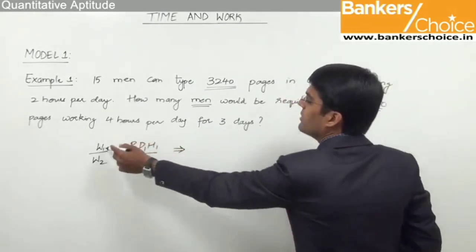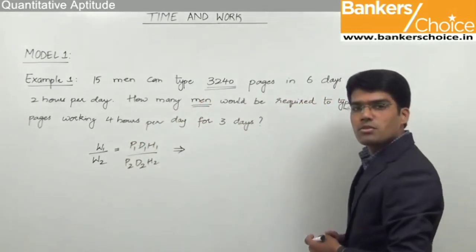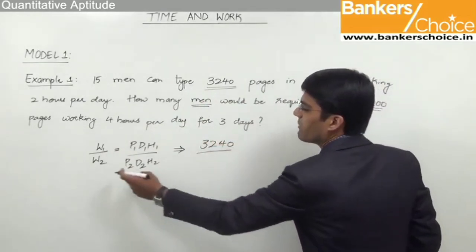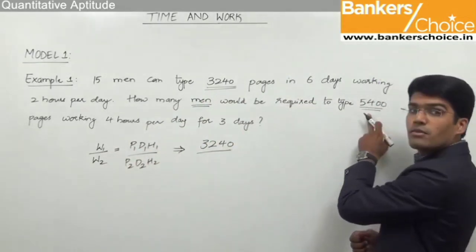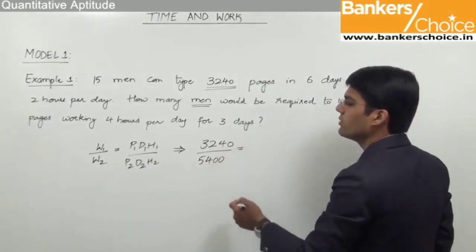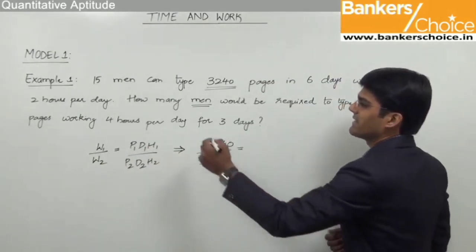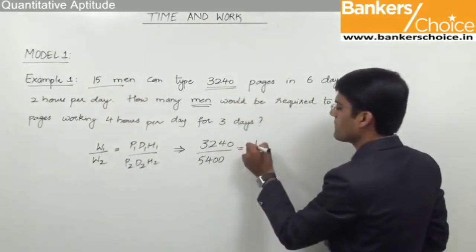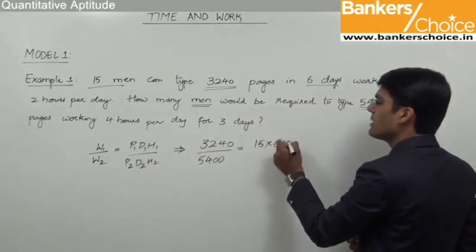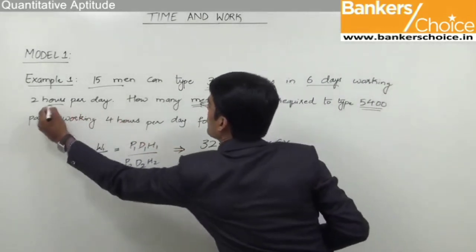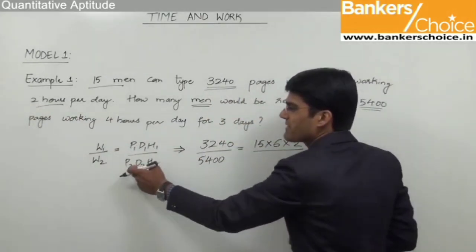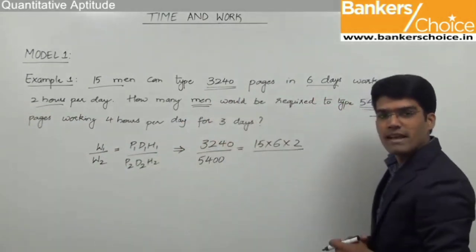We know that W1 is nothing but 3,240 pages. So 3240 divided by W2, which is 5,400, should be equal to the number of persons in the first case, 15 men, so 15 into number of days 6 into number of hours per day 2, divided by the number of persons in the second case, that is the number of men to be calculated.